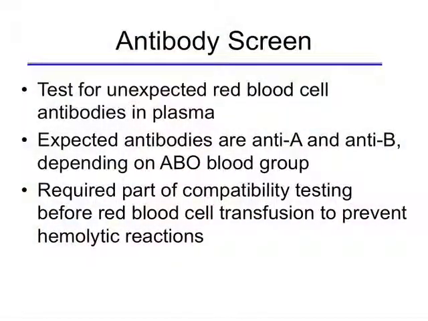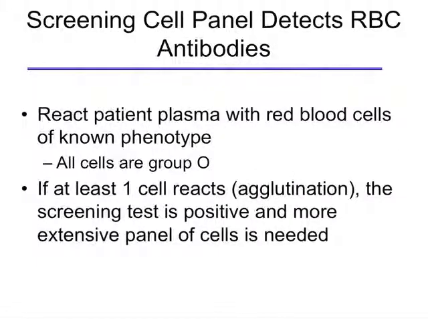And it's called unexpected red cell antibodies because there are some expected red cell antibodies, most notably anti-A and anti-B, depending on the ABO blood group of the patient. This is a required part of compatibility testing before red blood cell transfusion to prevent hemolytic reactions.